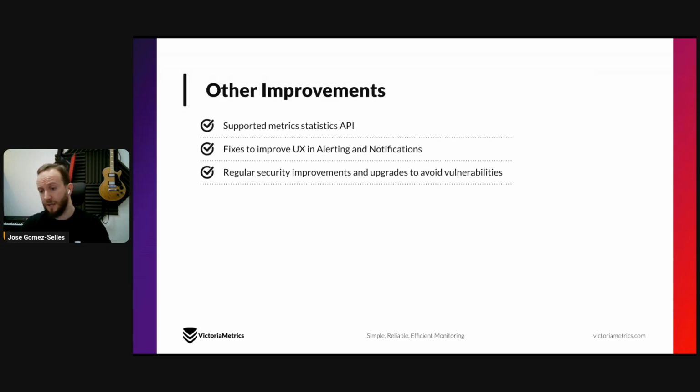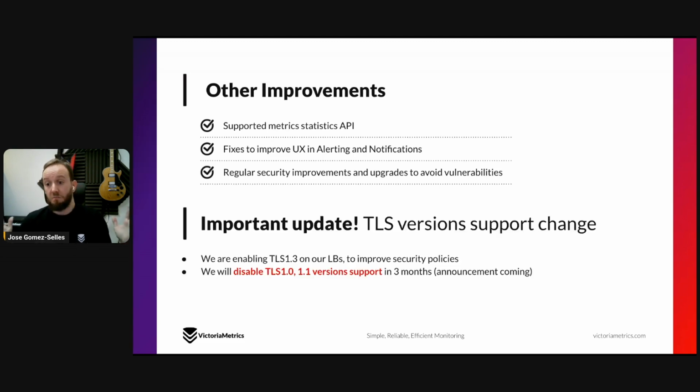And yeah, I also wanted to mention that the team's been working to improve some fixes in alerting, the user experience there, and regular improvements, security updates, and so forth. Just an update worth mentioning: we have enabled TLS 1.3 in our load balancers, and that improves security policies.